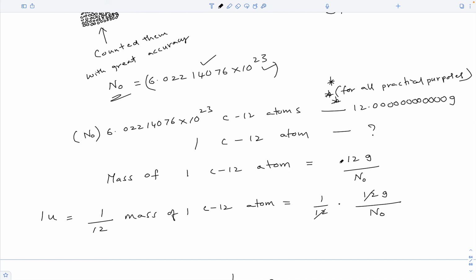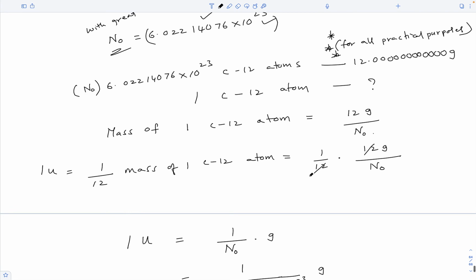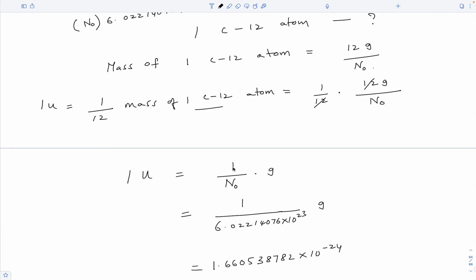Mass of one C12 atom will be 12 grams over Avogadro's number. But one unified atomic mass unit is 1/12 of the mass of a C12 atom. So 1/12 times 12 grams over N0. So it will be 1 gram over N0.